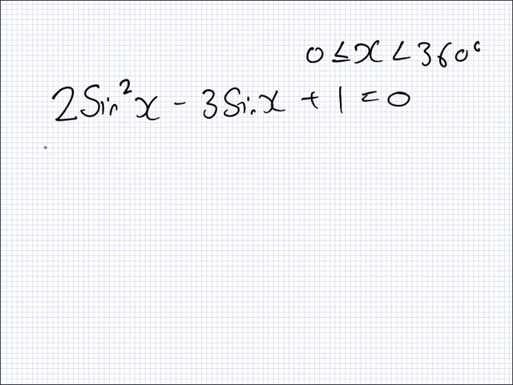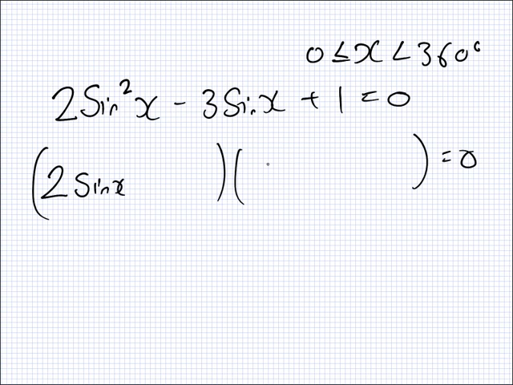Quadratic. Let's factorize. Well, it has to be a 2 sine x, doesn't it? And a sine x. And the 1 means it has to be a 1 and a 1 here. The question is, what's the signs? It has to be a minus and a minus. So it has to be this, doesn't it? Yeah, this is it factorized.